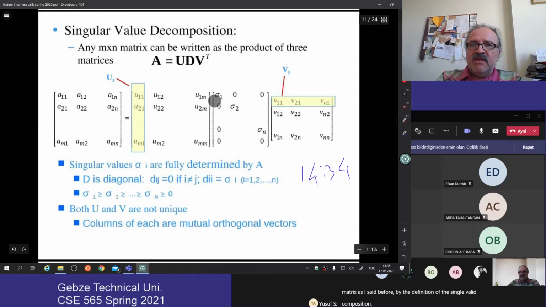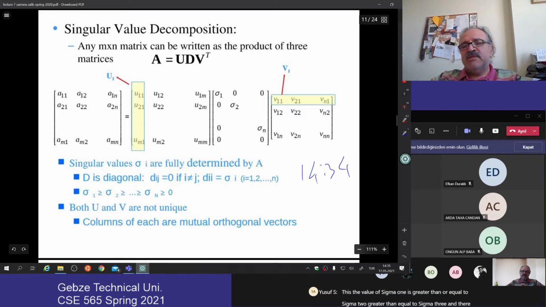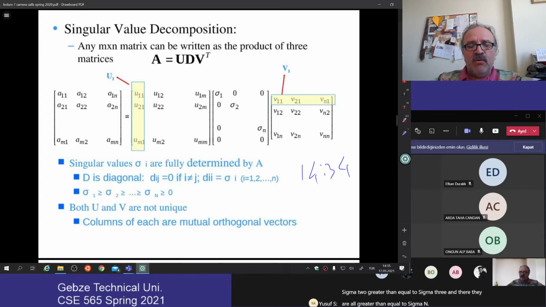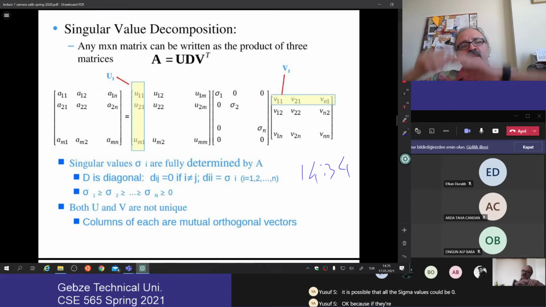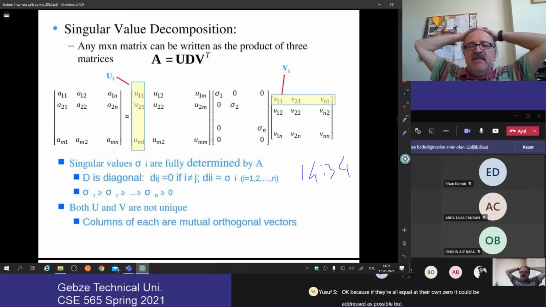By the definition of the singular value decomposition, sigma 1 is greater than or equal to sigma 2, greater than or equal to sigma 3, and they are all greater than or equal to sigma n. And they are all greater than or equal to 0. That means it is possible that all the sigma values could be 0, but that's a very rare case.